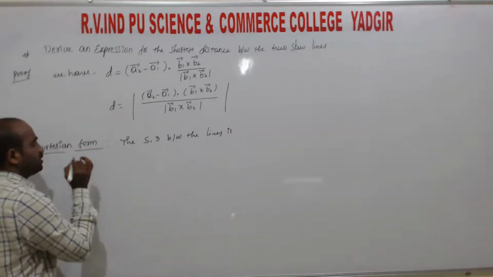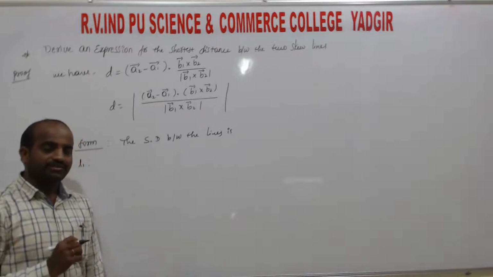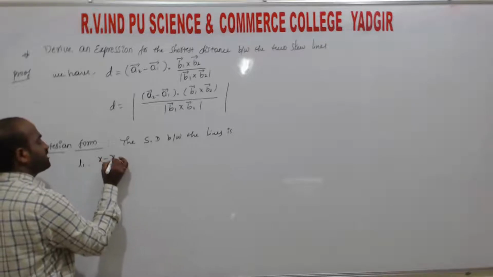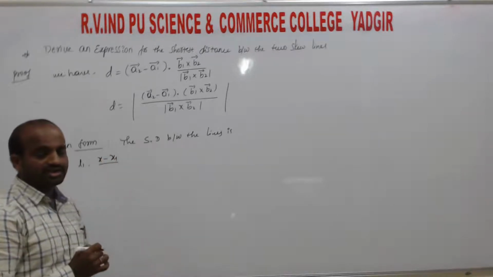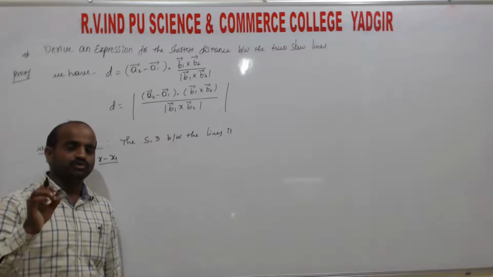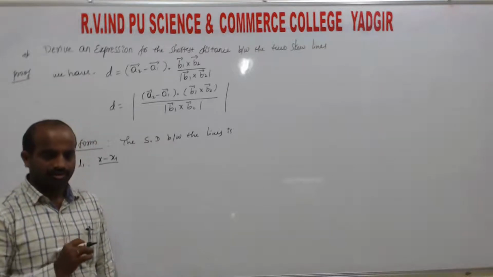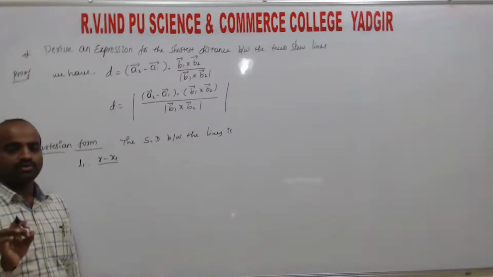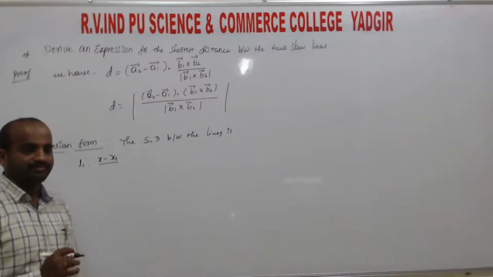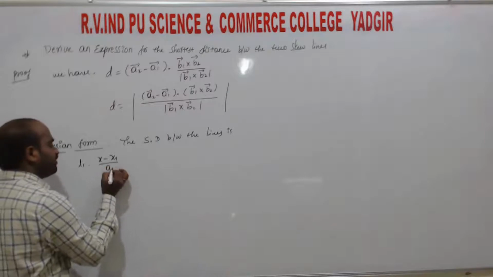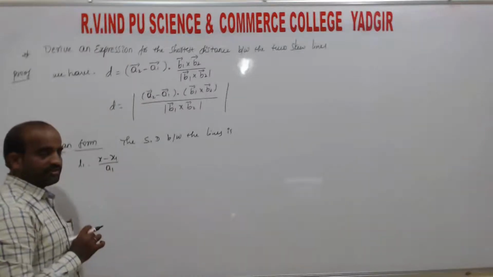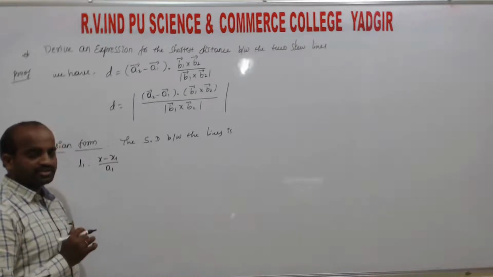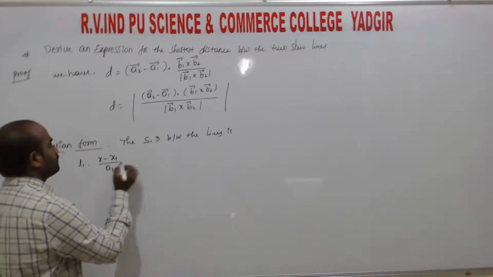L1 has vector equation A1 plus lambda into B1. The Cartesian equation of a line passing through a point and parallel to a vector is x minus x1 divided by a equal to y minus y1 divided by b equal to z minus z1 divided by c. For two lines, a1, b1, c1 are the directions of the first line and a2, b2, c2 are the directions of L2.